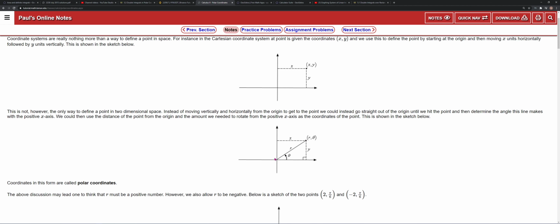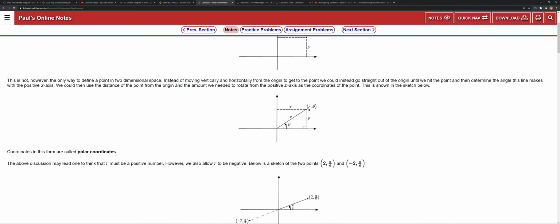So to locate a point r theta given in polar coordinates, with the angle theta here, you construct a line passing through the origin at angle theta to the x-axis, where your angle is measured in the counterclockwise direction. And then as you go along this line, you go a distance r, so that your point over here is a distance r from the origin.